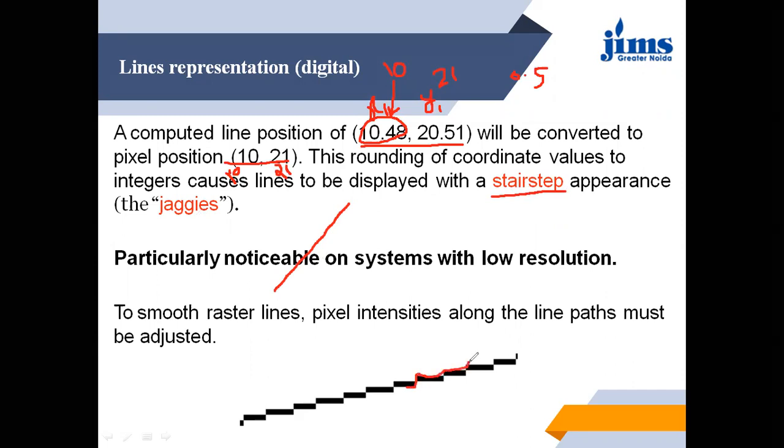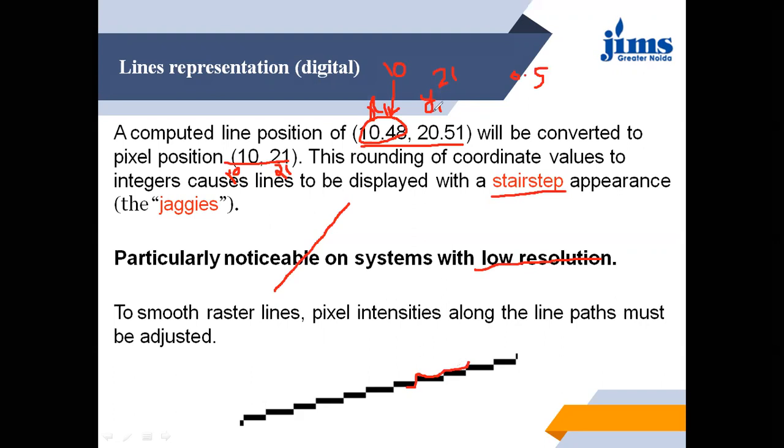Because in general our systems are with high resolutions, we are not able to see that. If we see that line in a low resolution system, then we are able to see this clearly.